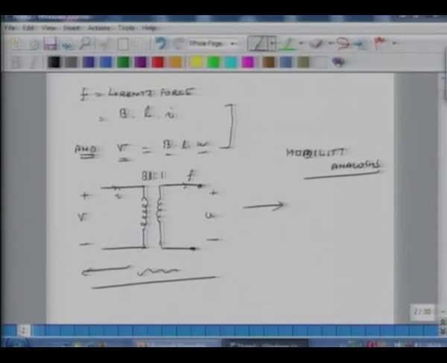And similarly on the mechanical side, force will be the across variable and velocity will be the through variable. So this establishes an equivalence between electrical and mechanical realms. So this is like a coupling element.